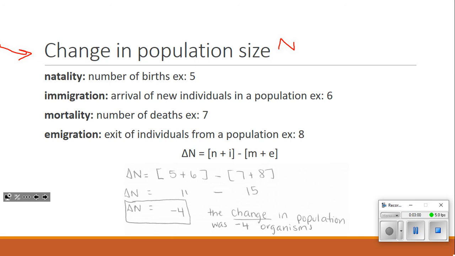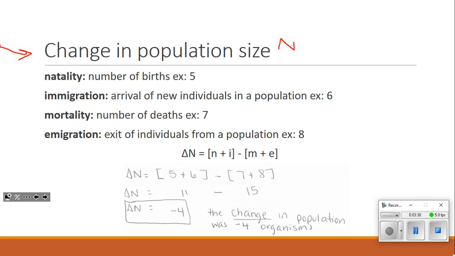So change in population size is delta N. One of the ways we can figure out the change in a population size is to take the factors that increase a population, like natality and immigration, add them up, and subtract from them the factors that decrease a population.